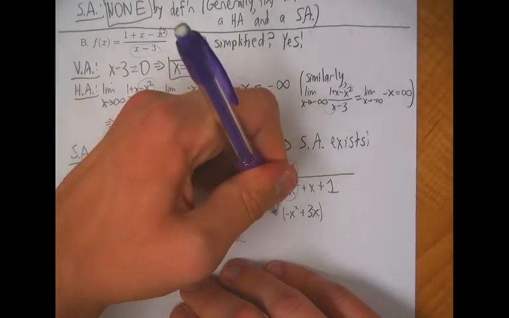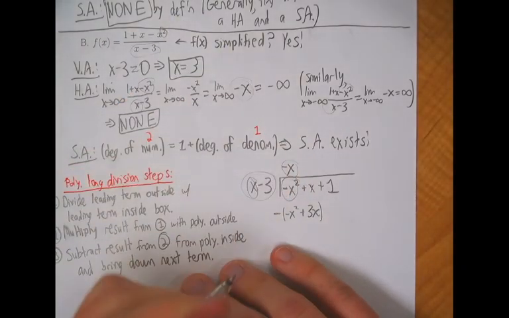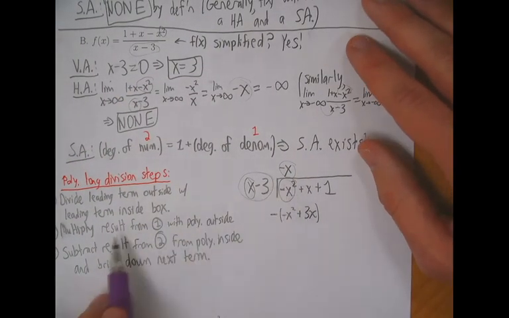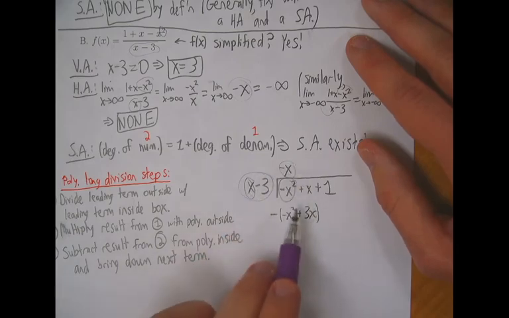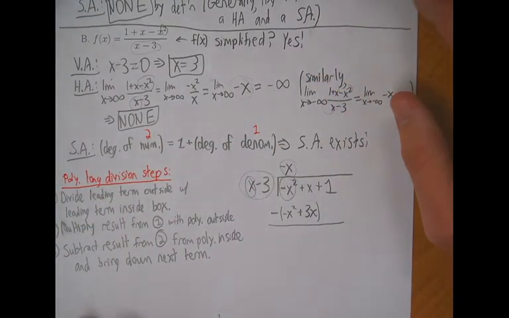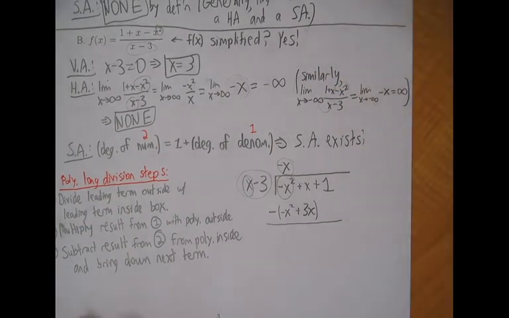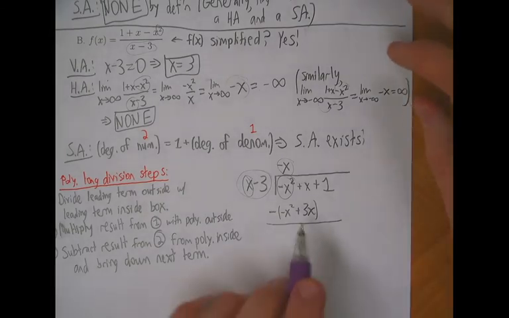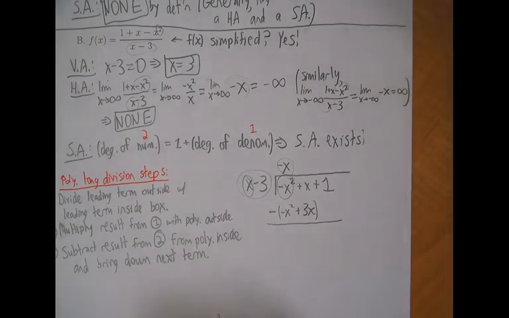So we take the result from step 2, bring it here, and then subtract it from the inside polynomial. If we do that, what should we get as our simplified result?